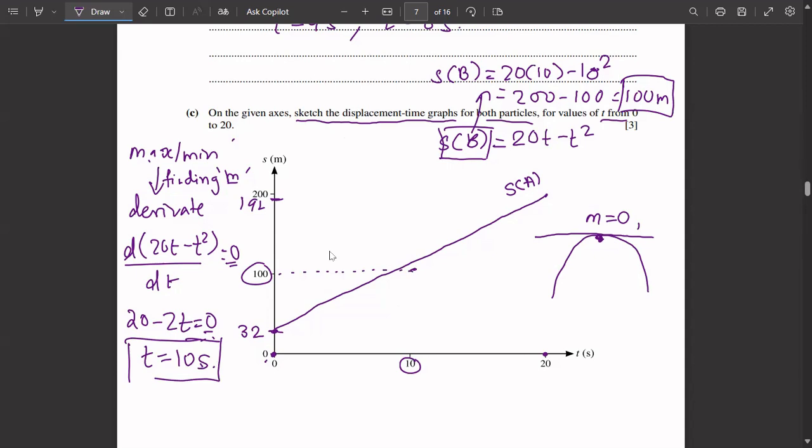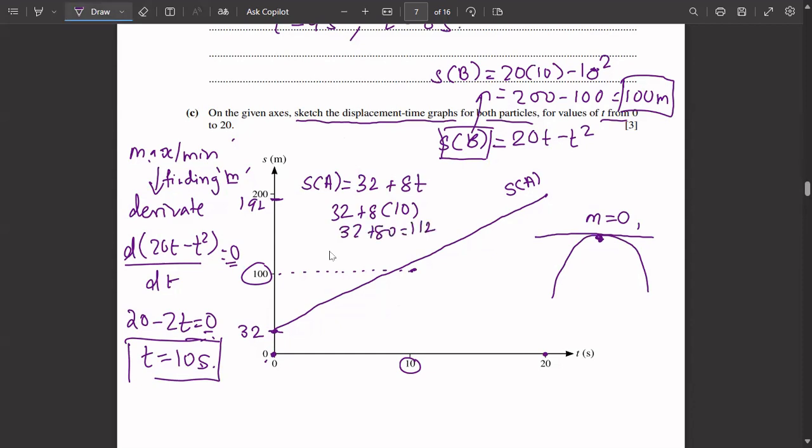Yeah, so the graph is somewhere here. Let me check. For displacement of A equals 32 plus 8t. Oh no, t is 10. So 32 plus 80 equals 112.